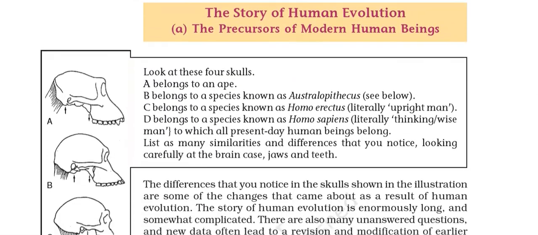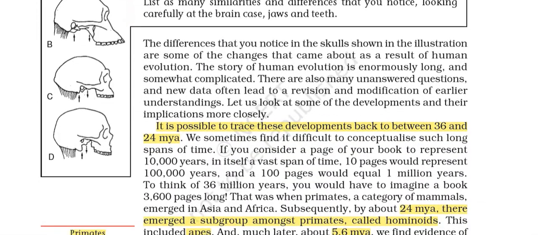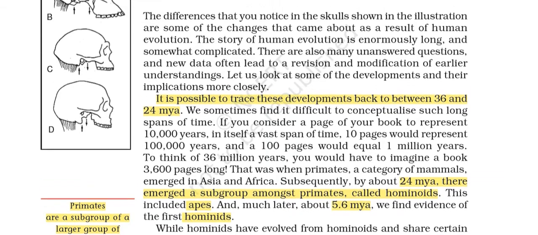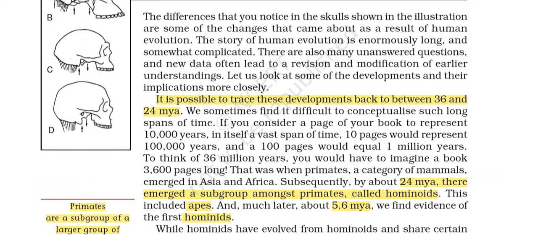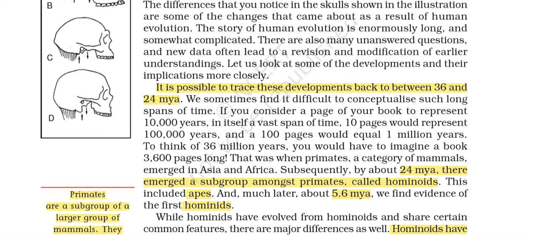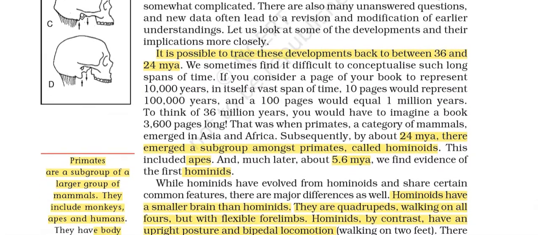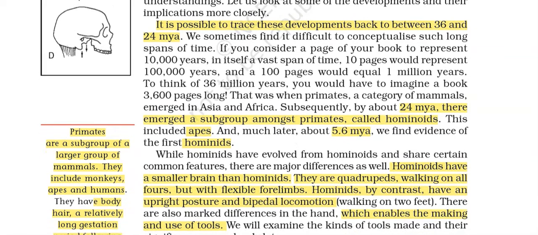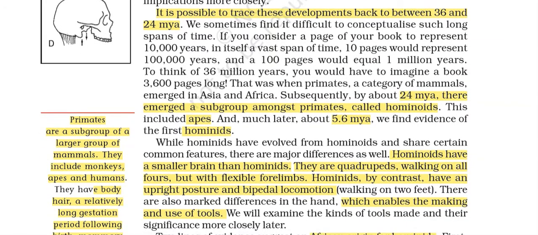Okay, now proceeding further. Now we'll get to the interesting part. These are the stories related to human evolution. Now, the textbook very clearly says that it is very, very difficult to put down all the developments of human evolution because it has been taking place somewhere around 36 to 24 million years ago.